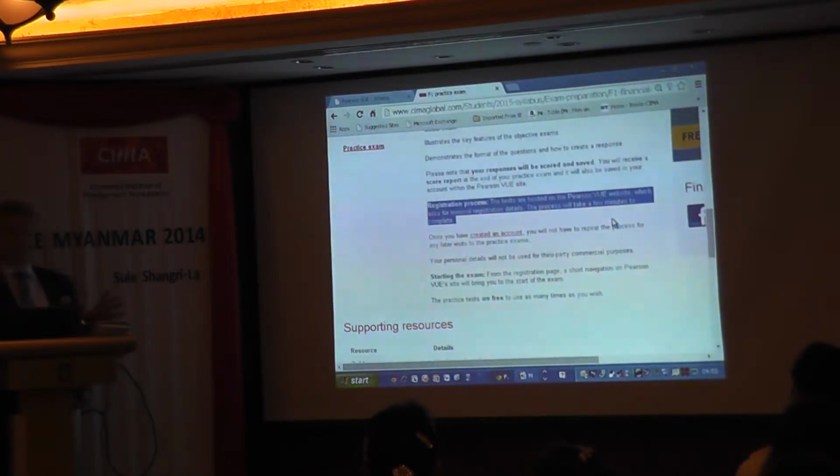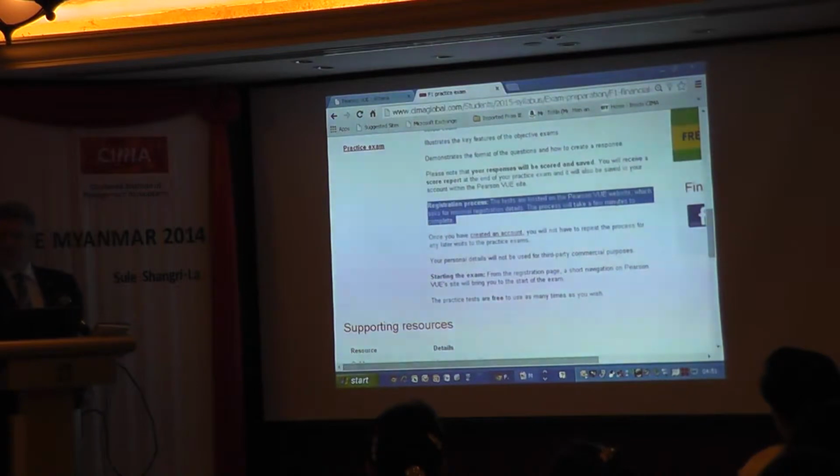But it is within Pearson VUE's website, and it's within a secure area that's used for open testing. So you've got to create a username and a password, and you get asked questions about what's your favourite colour, and what's your mother's maiden name, and all these different sort of secure questions. And it makes it look quite daunting that you're signing up for something, but you really aren't.